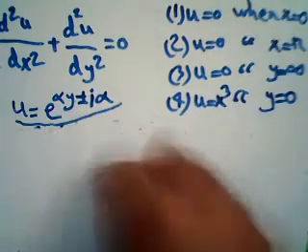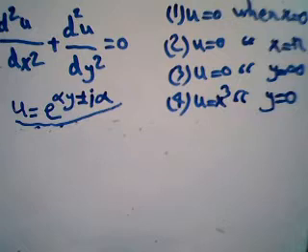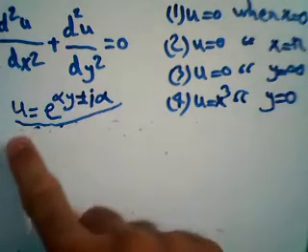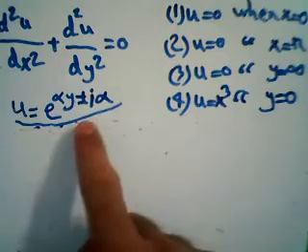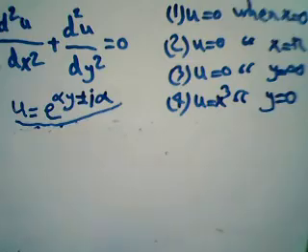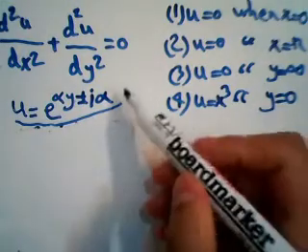But before that, as I mentioned, u is a temperature, but from here u is an imaginary number, so this is nonsense. How could an imaginary number represent a temperature?